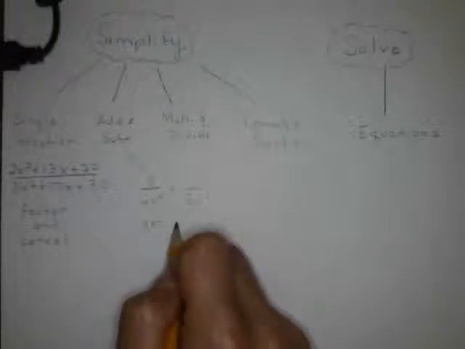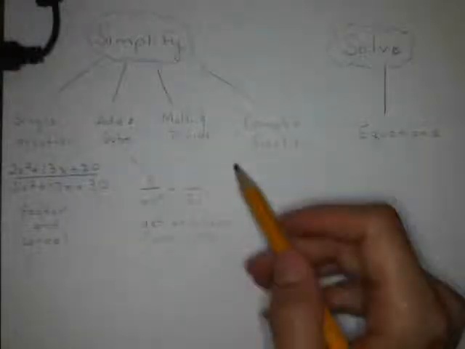Whenever you have an addition or subtraction problem with fractions, your rule of thumb is going to be to get and keep an LCD. LCD stands for least common denominator. So you'll be looking for a least common denominator, and once you figure out what that is, you'll try to get that common denominator in both of your fractions and keep it. You're not going to be eliminating the denominator in any way.